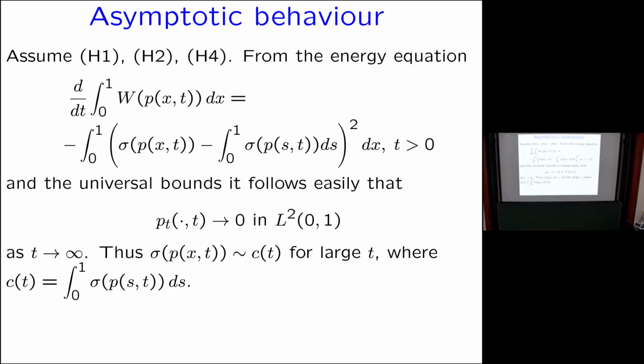That means that for large T, sigma of P of X and T is essentially like its average. So sigma of P of X and T is like C of T for large T, and C of T is the average.